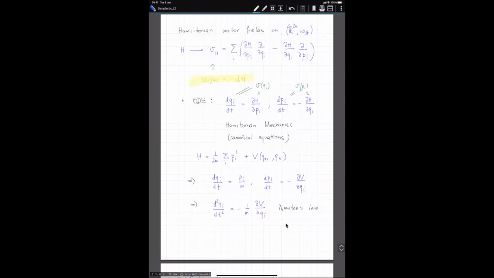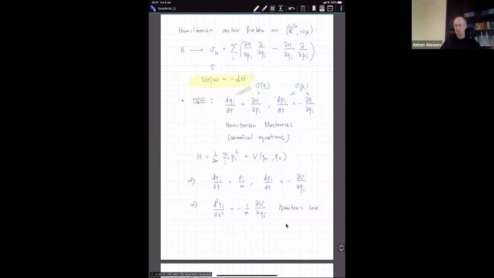And also, if we write it in coordinates, this is equivalent to writing our two-form as dp wedge dq, in this order. Yes, that's what I'm doing. My 2-form, I choose to have dp wedge dq, and then I need this minus sign to get the standard form of Hamiltonian equations. Yes, I think that's correct.